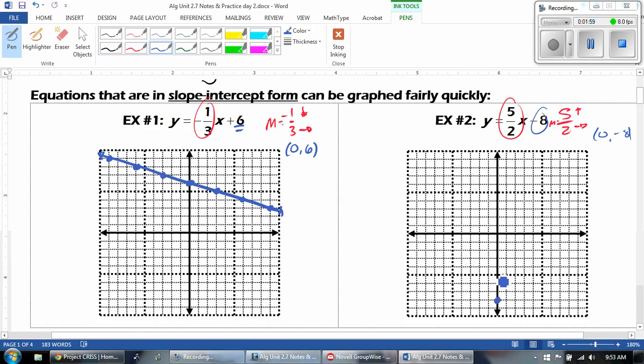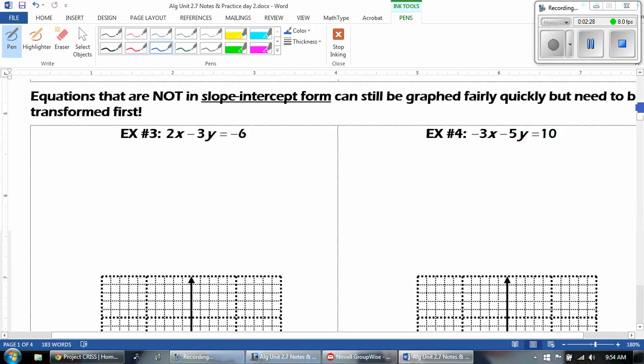I go up 5, over 2, up 5, over 2, up 5, over 2. And now I'm getting my straight edge and drawing my line.